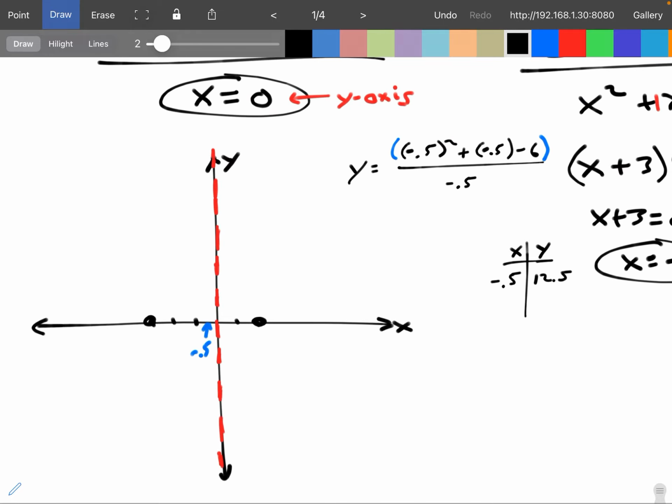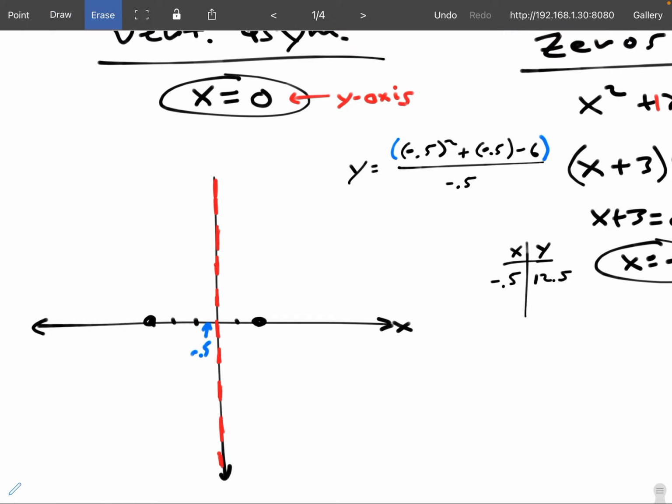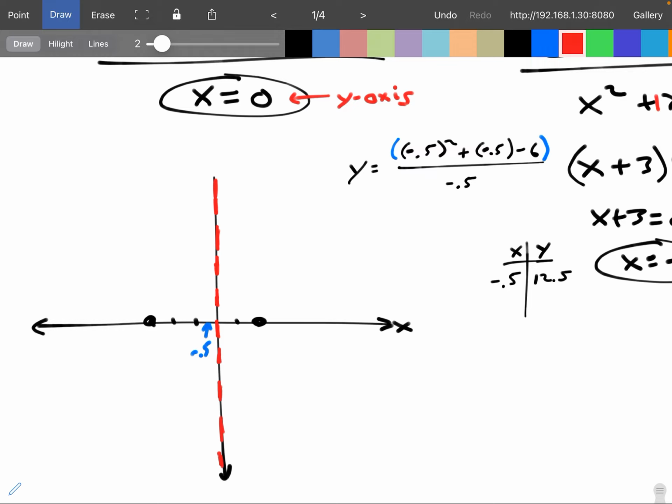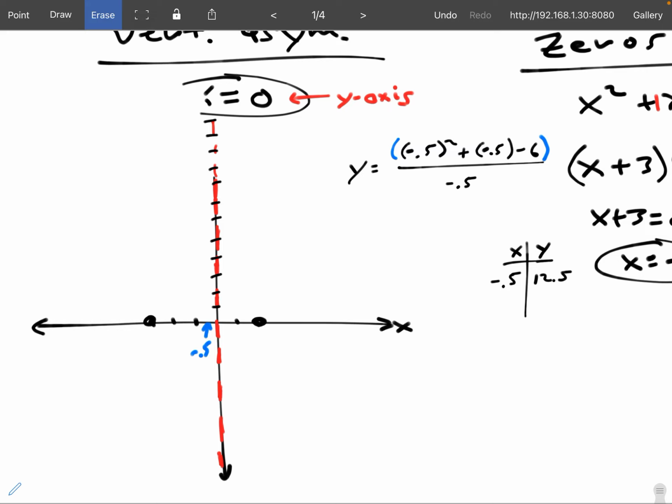I don't know, let's see how much room I got up there. Can I get that high on this graph? I don't have too much room up there, but we got to get up to 12.5. So I'll go 1, 2, 3, 4, 5, 6, 7, 8, 9, 10, 11, 12. Well, it's going to be way up there.